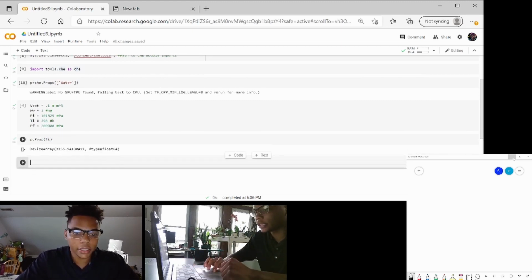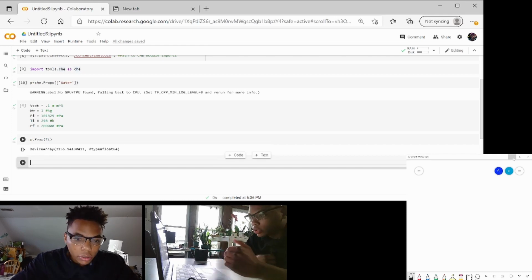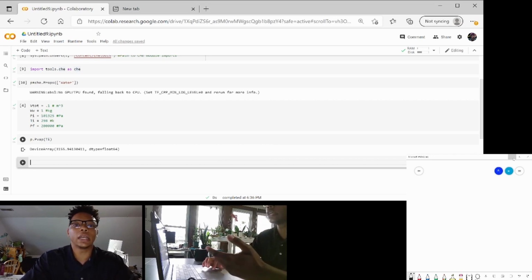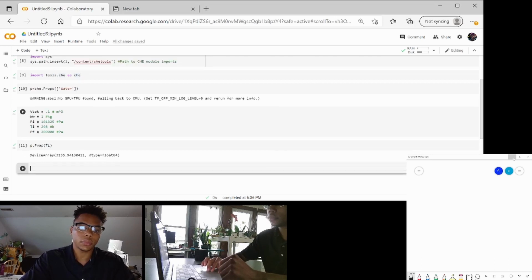What it gives back is that at temperature 298 kelvins, our partial pressure of water is actually 3,155 pascals. So that is just one example of how we can use this in our coding.